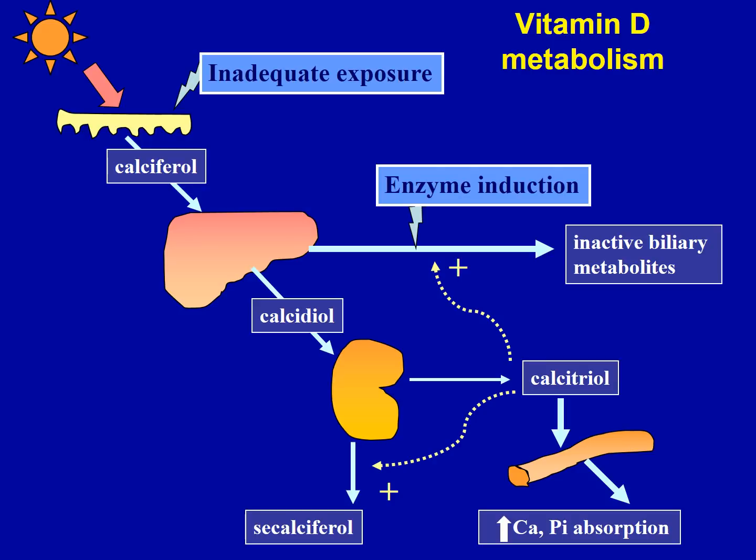Occasionally one can see vitamin D deficiency induced by accelerated catabolism of precursor metabolites, and the classical instance was seen in response to some of the early anticonvulsant therapies. It's not really a problem now with the newer anticonvulsants.